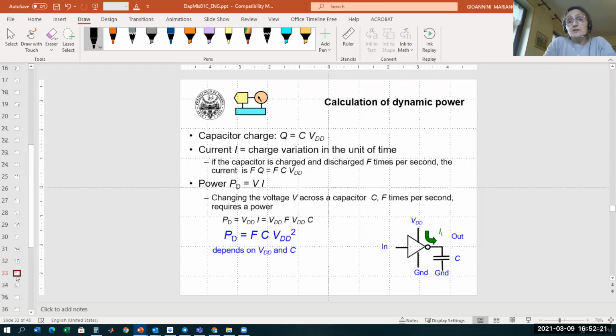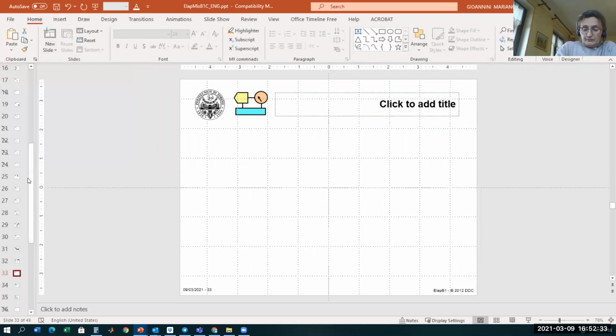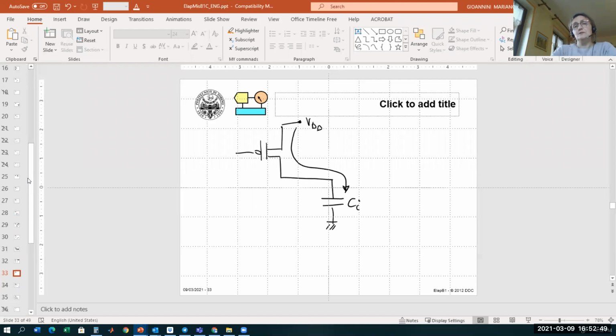And here is the demonstration on how we can calculate the dynamic power consumption. So let's do that. Let's consider this transient. PMOS, VDD, capacitor load, which is charged during the transient.